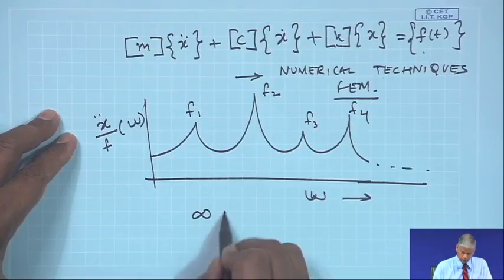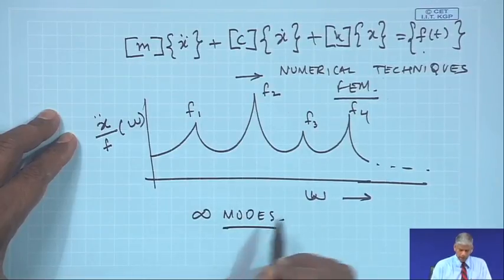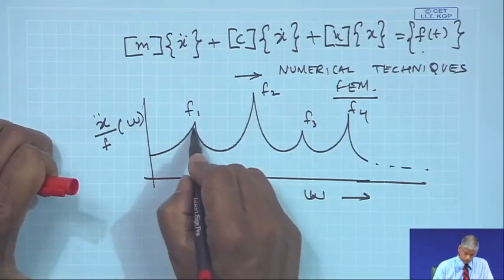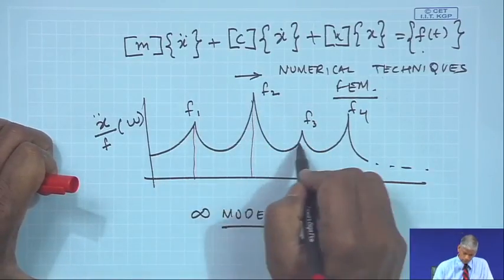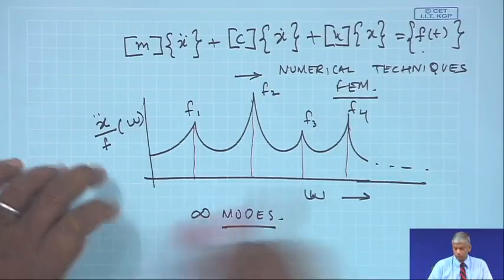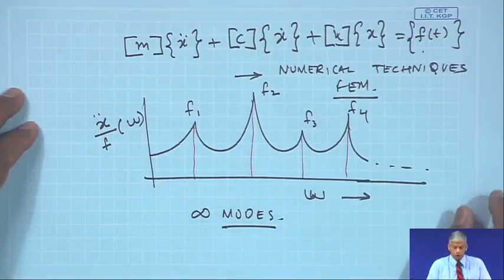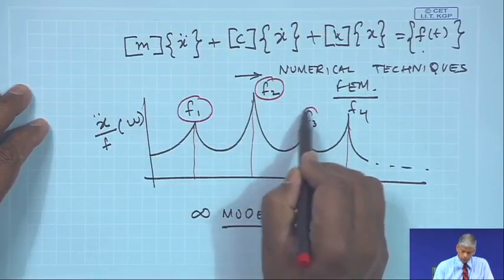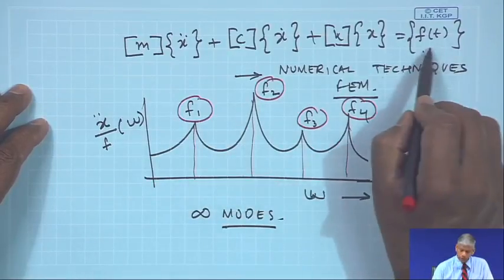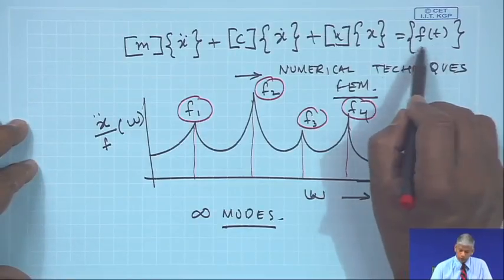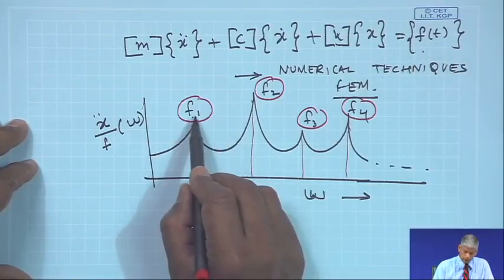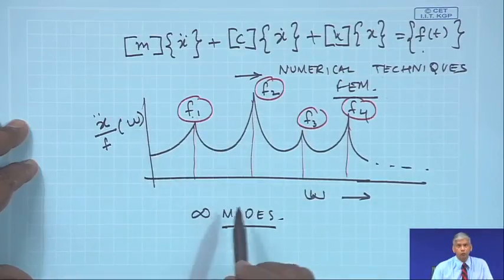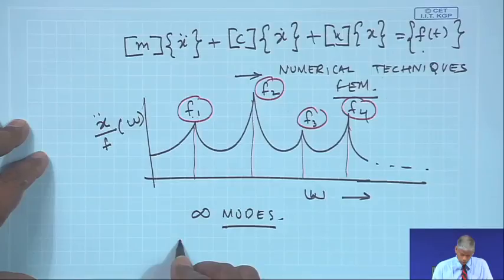There will be infinite modes, and each one of them is a natural frequency. In machinery condition monitoring or machinery operations, we always avoid running the machines at these frequencies. Imagine the external forcing function exciting the body at f1, f2, f3, f4; it will have large responses.